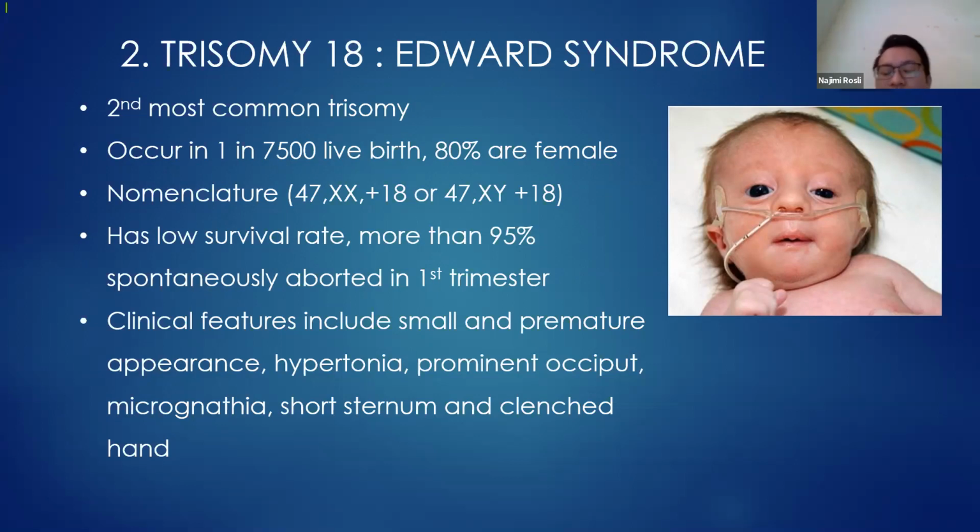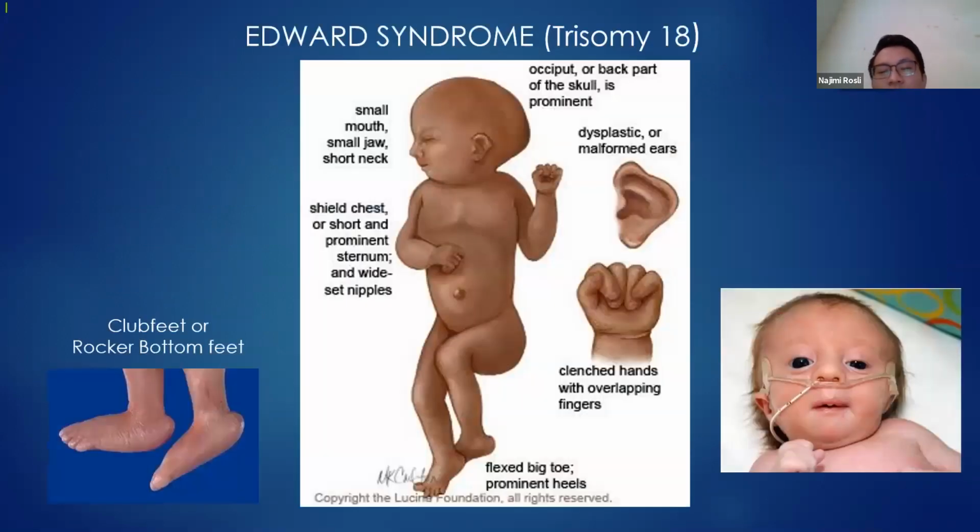Those who survive have significant neurodevelopmental delay. The clinical features of a person with Edwards syndrome are low birth weight, closed fist with the index finger overlapping the third digit and the fifth digit overlapping the fourth.